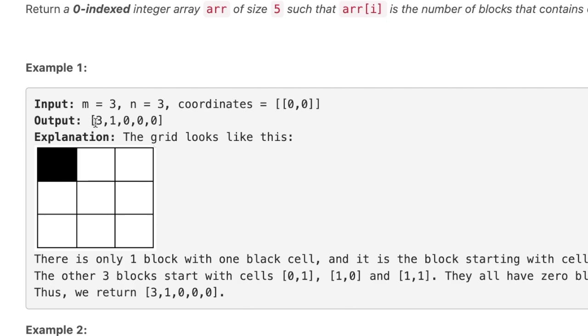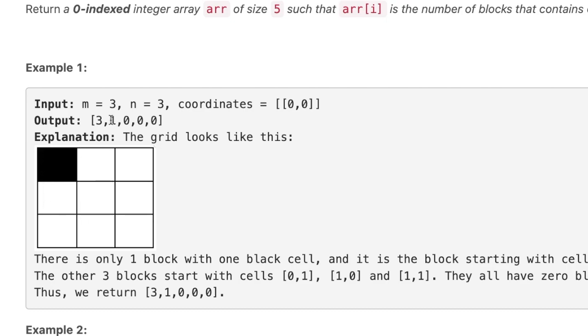So the output answer, the first one is 0 index. So this means that answer 0 is three. It means that there are exactly three subgrids that have 0 black cells. As you can see here, this one starting from 0, 0 has exactly 1.